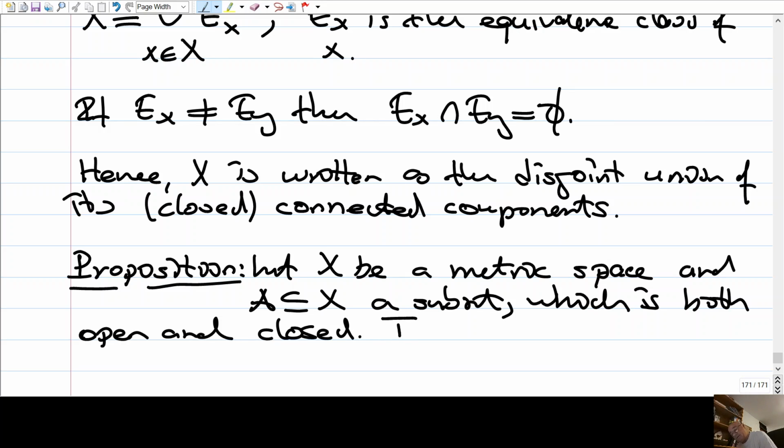Then A is connected, and then A is a connected component E_x for some x.